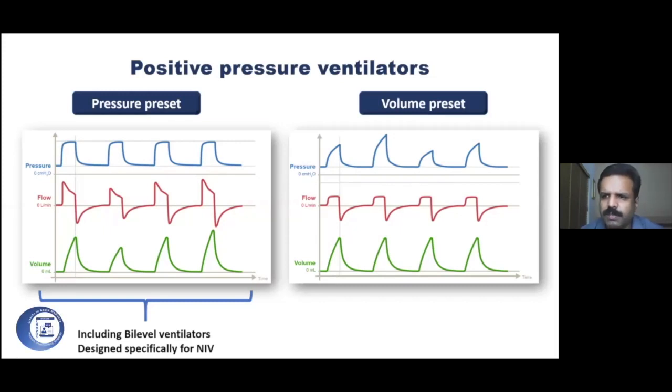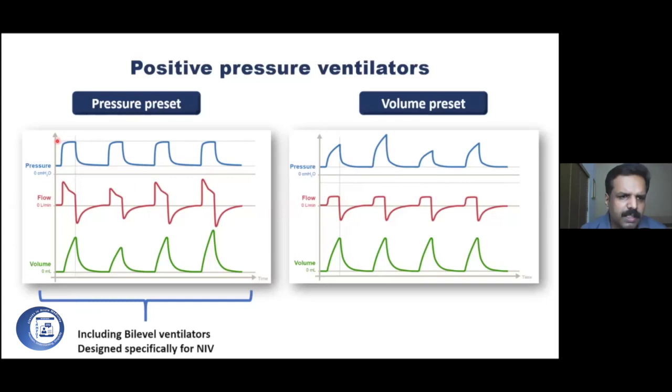This we have discussed during the previous ventilator class, mechanical ventilation. We have two types of ventilators. One is pressure preset and another is volume preset, or pressure controlled and volume controlled. Both are assist control modes. In the first one, you can see the pressure control mode where the pressure is a fixed set.